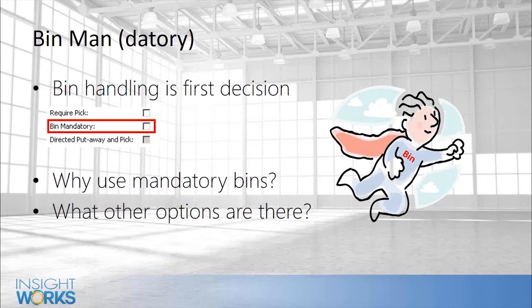Because if I'm going out and doing a pick and this item might live in 2 or 3 different places, I want the pick to tell me exactly which bin has enough stock to pick from.